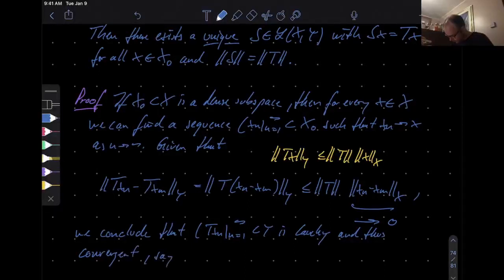say T x_n goes to y as n goes to infinity.